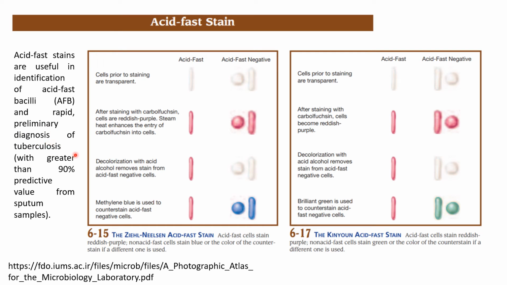So we could just get a sputum sample and subject the sputum to acid-fast staining to determine if we have bacteria that can cause tuberculosis, such as Mycobacterium tuberculosis.